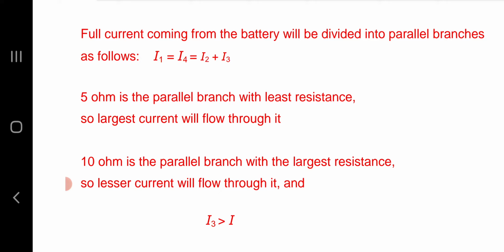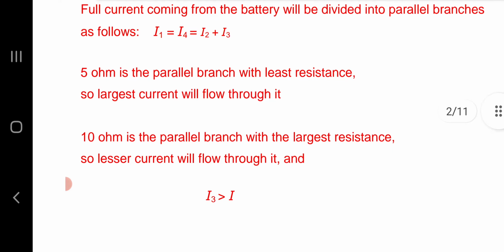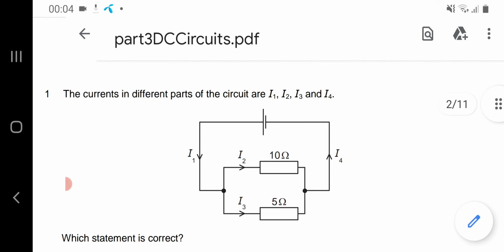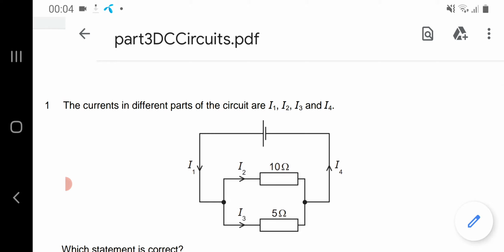I3 is the current flowing in the 5 ohm branch, and I2 is the current flowing in the 10 ohm branch. Again, in the question diagram, I1 is equal to I4 and I3 is greater than I2 because I3 sees the resistance of only 5 ohm, whereas I2 sees the resistance of 10 ohm.